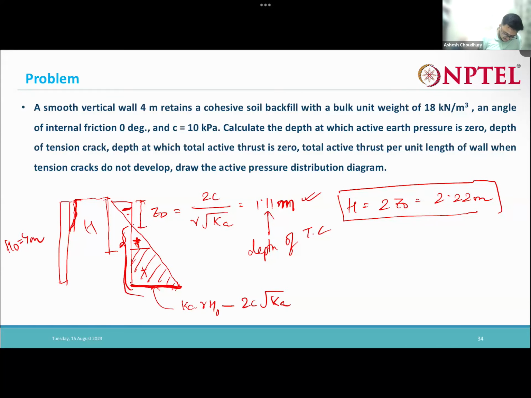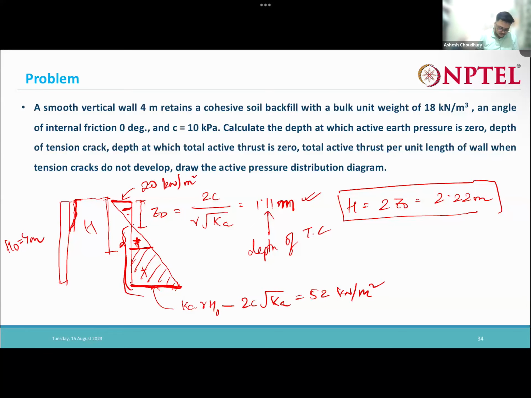Now what will be this other length? It will be 20 kilonewton per meter squared.